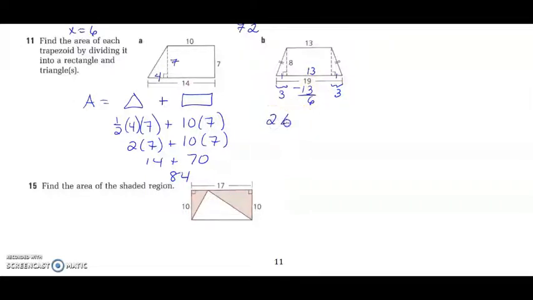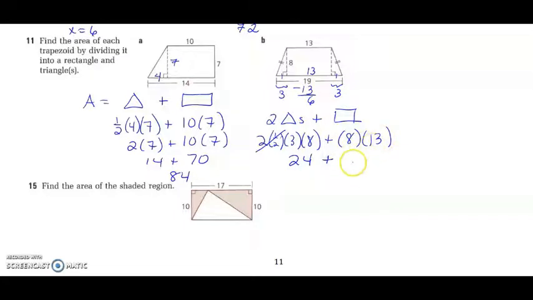So then I'm going to have 2 triangles plus the rectangle. 2 times 1/2 of 3 times 8 plus 8 times 13. That cancels each other out, so now we have 24 plus 80 and 24.